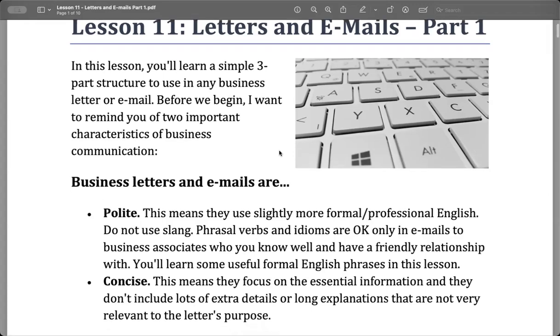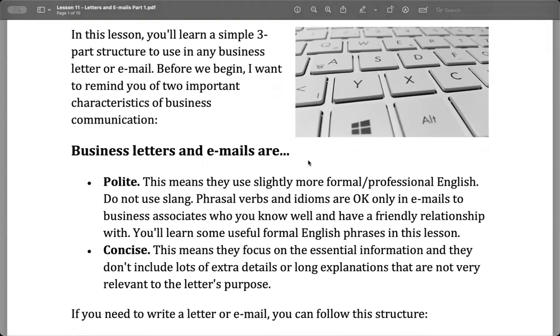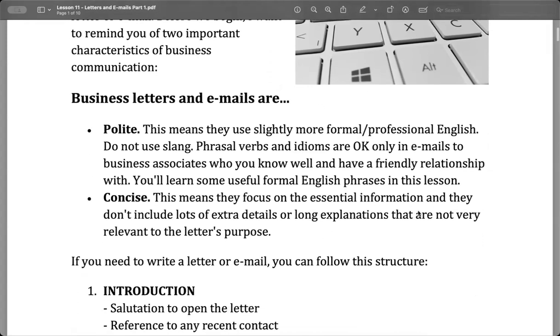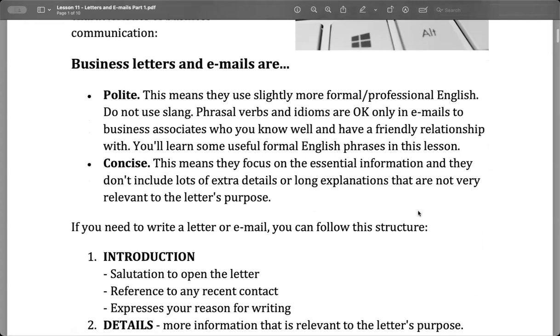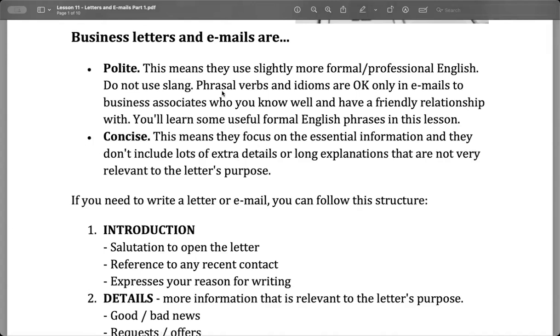as a pet who you know well and have a friendly relationship with.